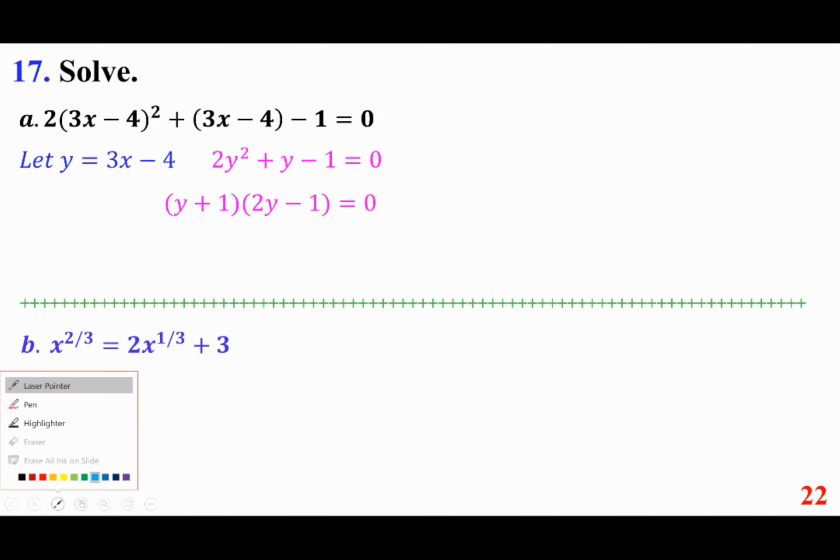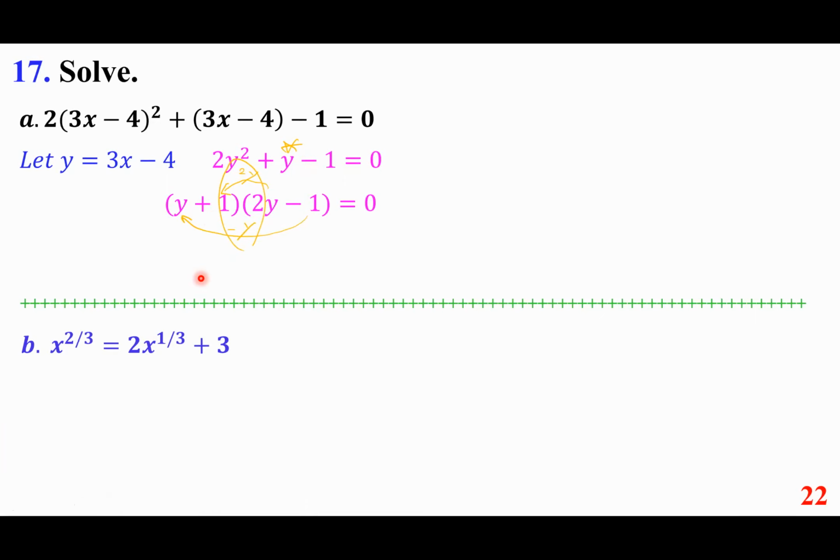What do I mean by the middle term? When you multiply these 2, you get 2y. When you multiply these 2, you get minus y. And these 2 must combine to give us y. Therefore, y is either negative 1 or 1/2.